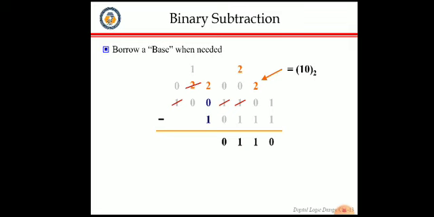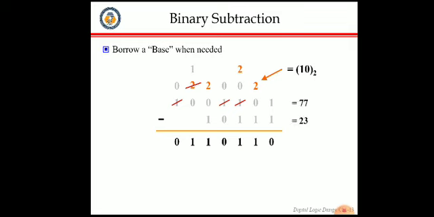Now 2 minus 1 is 1, and 1 minus 0 is 1, and here nothing is left, that means only 0. That's all. So this is the result of the subtraction.